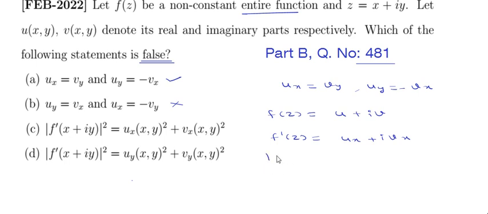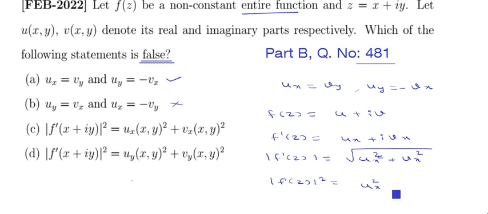The modulus of f dash of z is root of ux square plus vx square, so the modulus of f dash of z square is ux square plus vx square. So the third option is true.